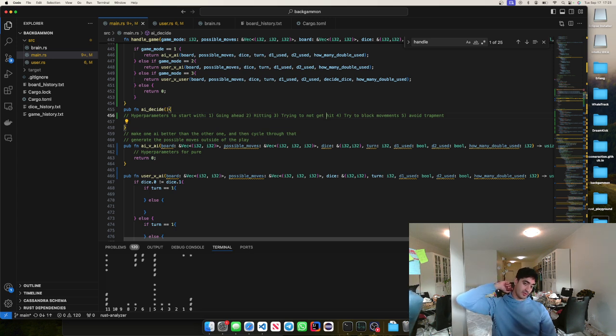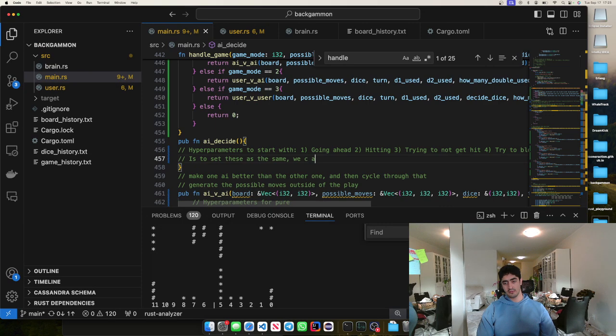Just five, but one thing that might be a starting point is to set these as the same, or we can even start randomly, honestly.